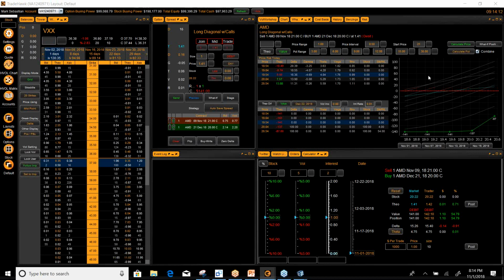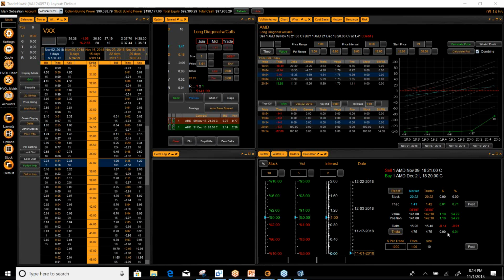Any questions? The question is, am I concerned if IV falls with the diagonal? Yes, it has Vega exposure. But one of the things I can do to limit my Vega exposure with weeklies is sell something that's really expensive and buy something that is, in relative terms, less expensive.